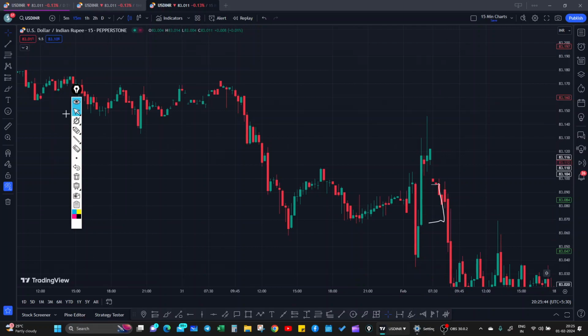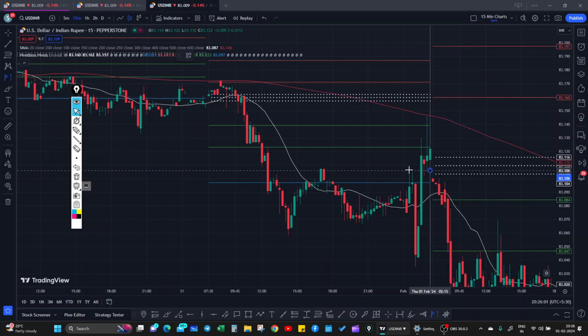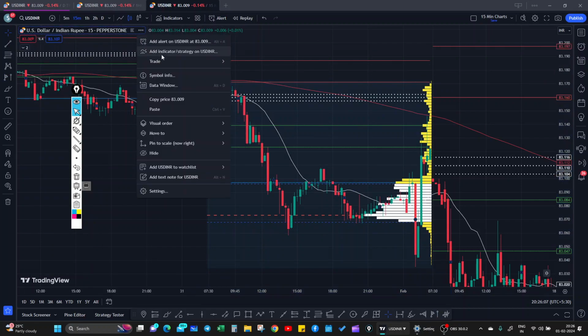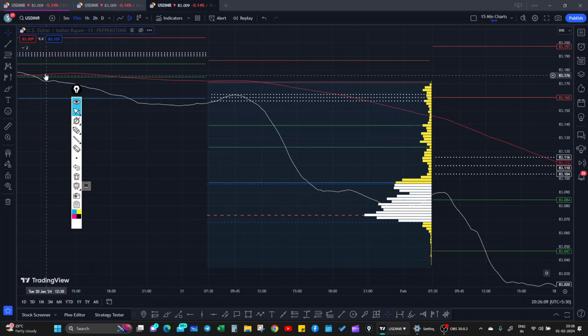So let's see how to mark it first. I have added a favorite tab here. So this is Feb first. This is the previous day's volume profile. Let's hide this to understand in a better way.